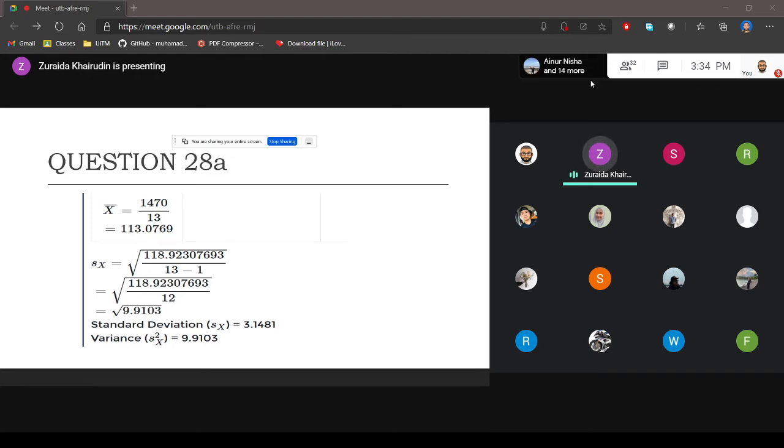For your information, how many decimal places should you take for your final answer? For your final answer, you have to leave at least 3 decimal places. Usually zeros we don't count, meaning 769 is 3 decimal places.